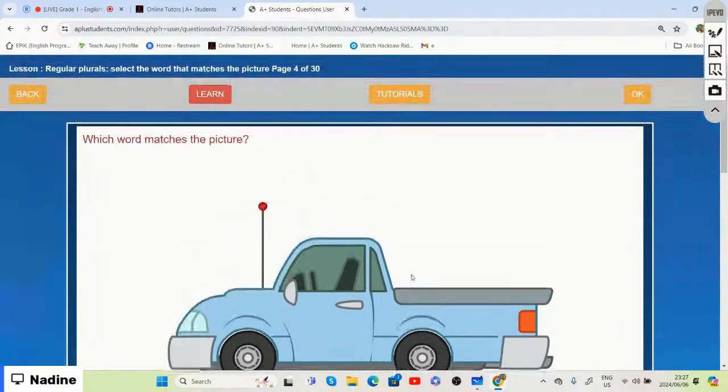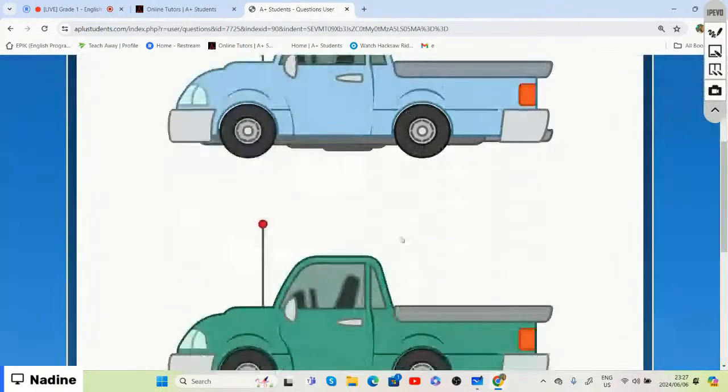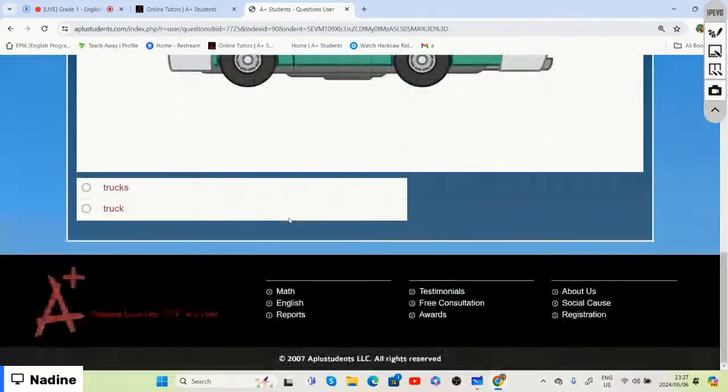Which word matches the picture? There we have two of those. Do we say two trucks or do we say two truck? Two trucks or two truck?